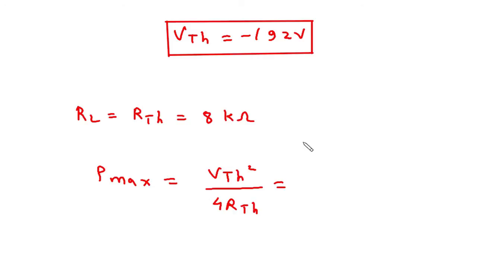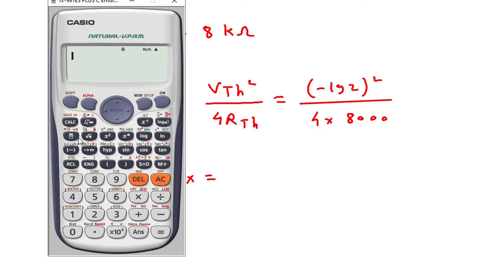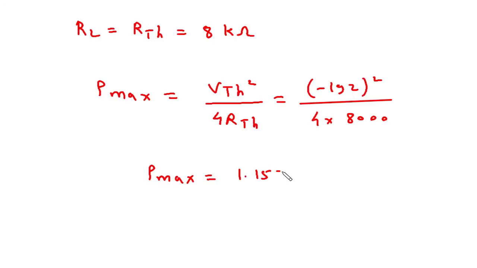So VTH square is minus 192 square divided by 4 into 8000. So P max is 1.152 watt.